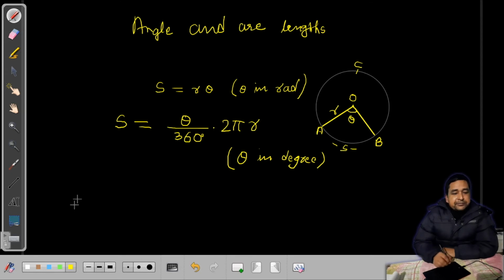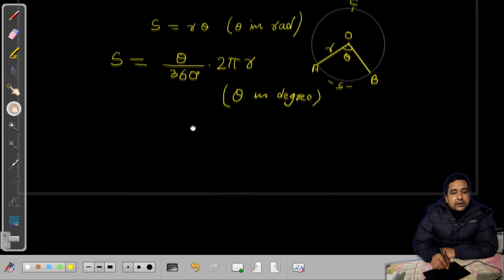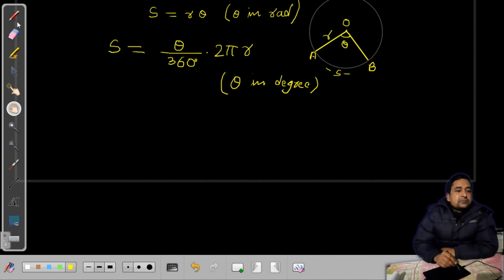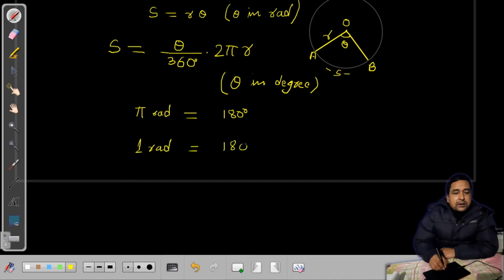Now there is a relation between radian and degree. I'll show you. Pi radian equals 180 degree, or 1 radian equals 180 degree upon pi.